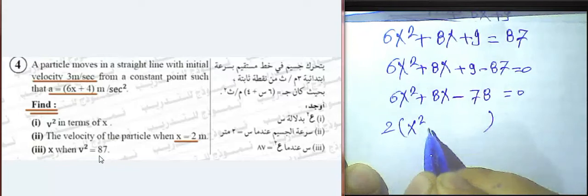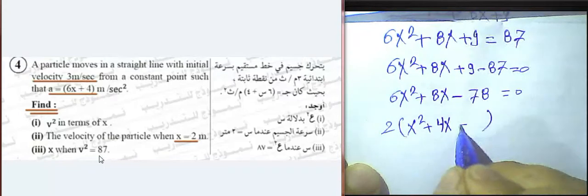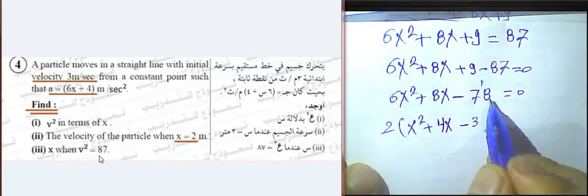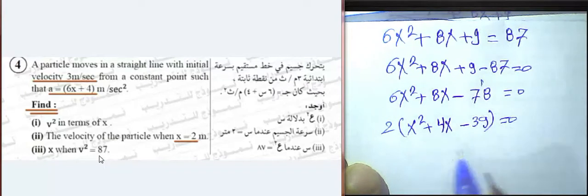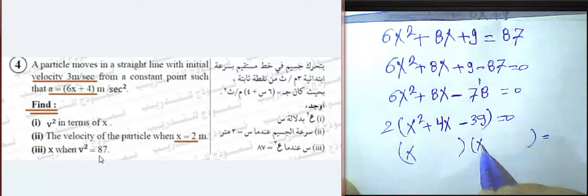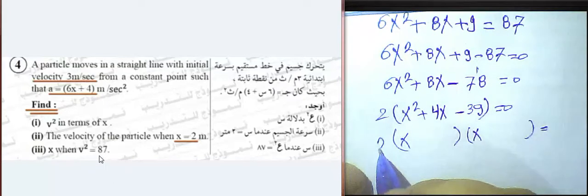We can factorize this equation by writing 2 outside as the coefficient of all terms. Then the result will be 3x power 2 plus 4x subtract 39. We can factorize it here: 3x multiply x, and we can write outside here 13 times 3.